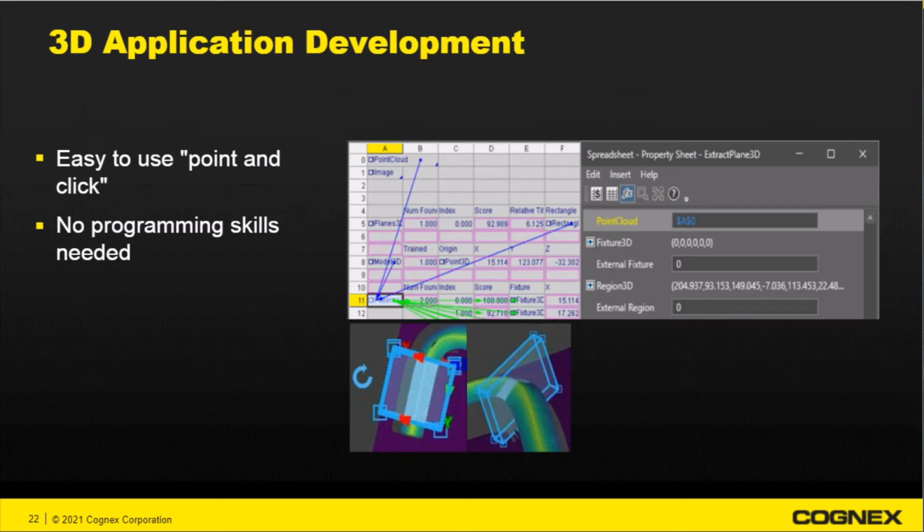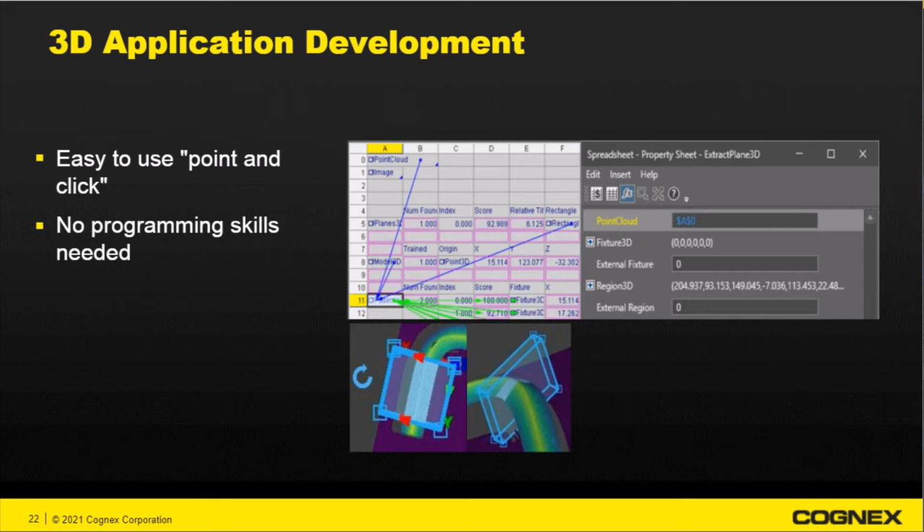Then if you develop such an application, it would be nice to have the tools easy to use. So how did we do that? Basically, we've enriched the spreadsheet with our 3D vision tools that you can just drag and drop to a certain cell. If you do a double click onto a 3D vision tool, a property sheet will open.